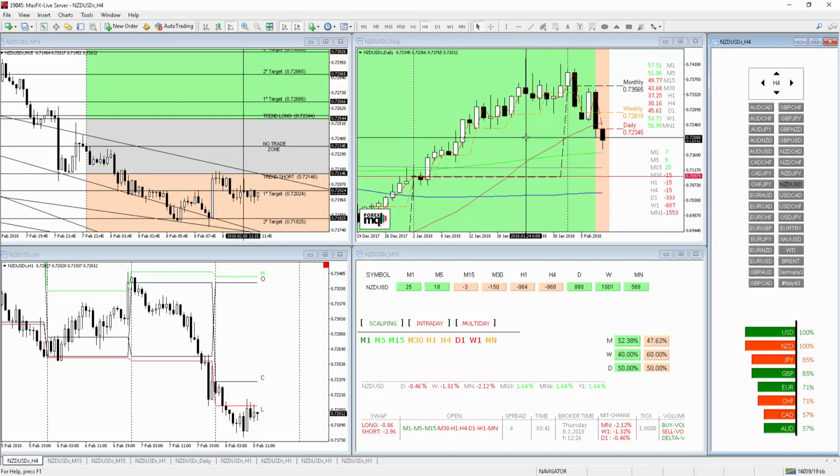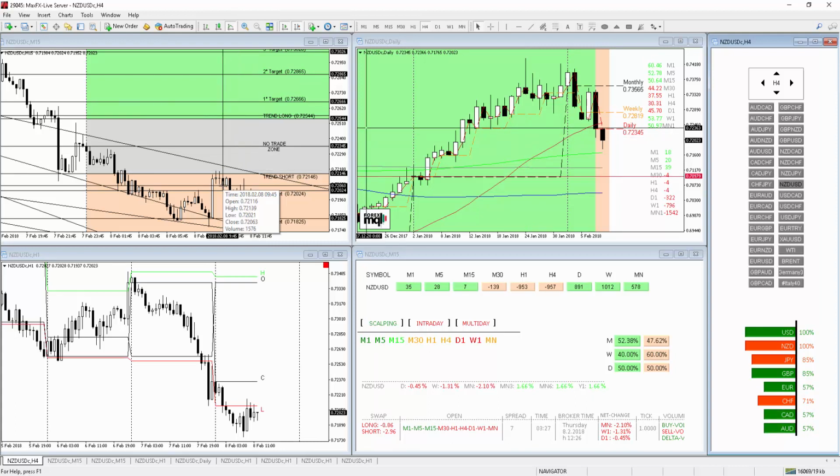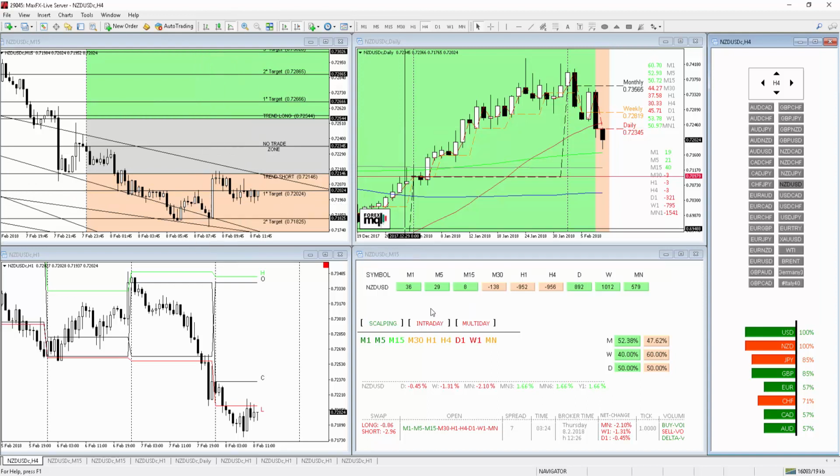Kiwi US dollar is continuing to fall after the Reserve Bank of New Zealand decision on the interest rates. We're below the previous daily low, inside the bearish zone of the target geometry, just at the target number 1 level at 0.7202. We have a bearish price action at an intraday and multi-day level with a breakout of the previous lows on the daily and the weekly time frames.